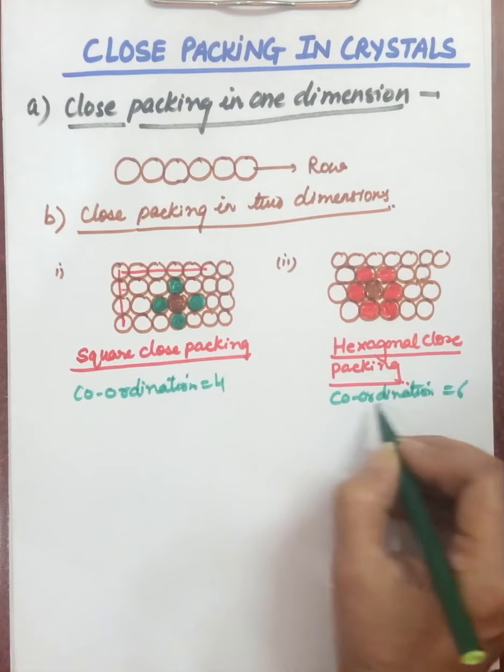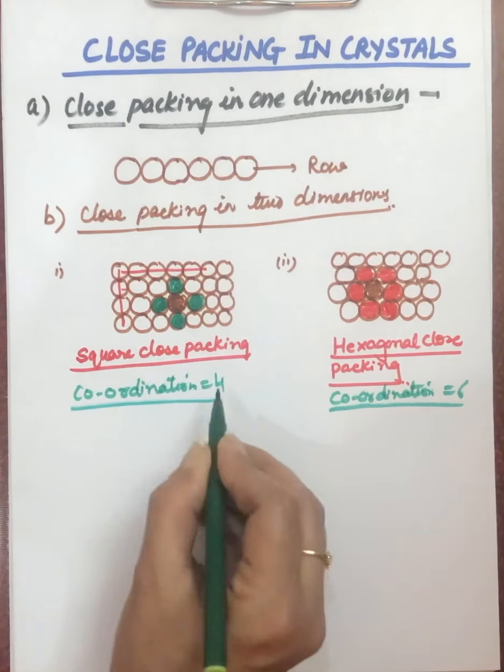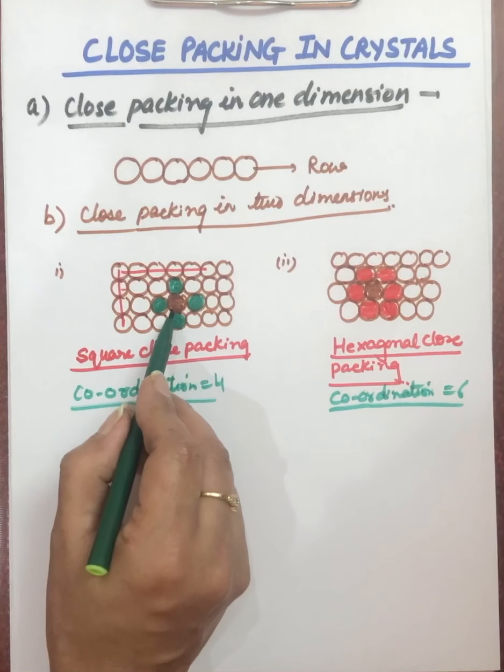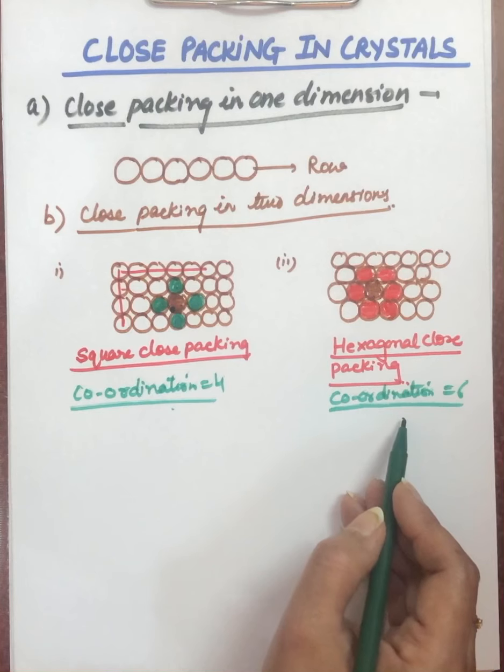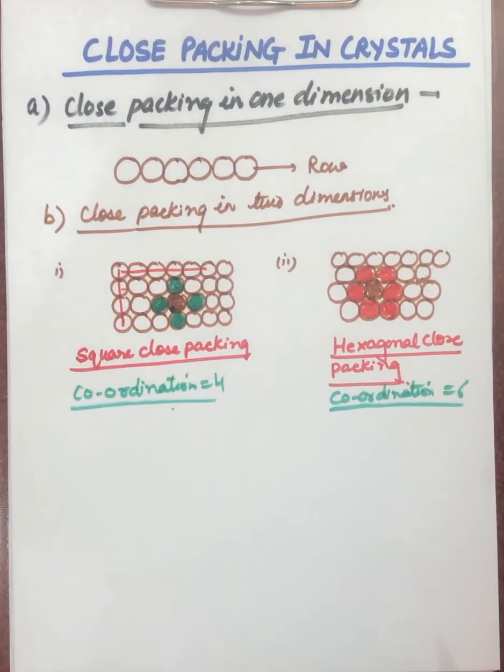Now what is coordination number? The number of particles touching one particle, that is called coordination number. So 4 particles are touching this particle, so the coordination number is 4. And here 6 particles are touching this one, so the coordination number is 6. So in two dimensions, the coordination number in square close packing is 4, and in hexagonal close packing is 6.